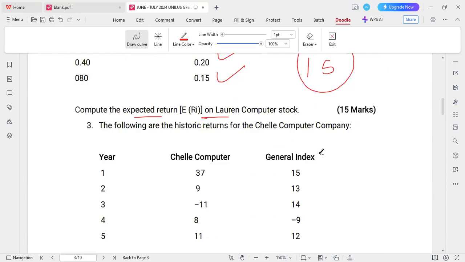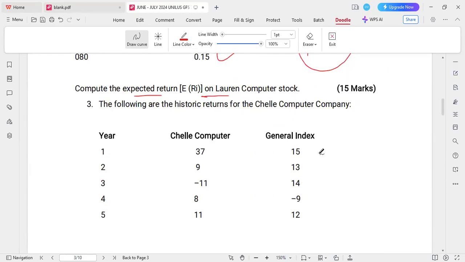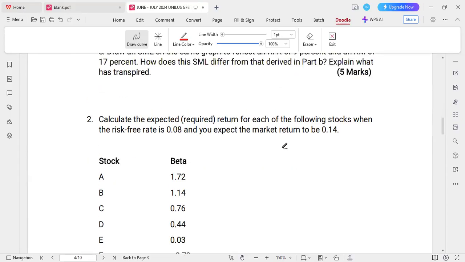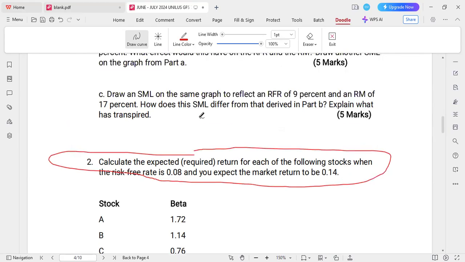Then we can get down to the other question as we are doing the random selection. We can look at question number 2. Calculate the expected or required rate of return for each of the foreign stocks, given the risk-free rate, which is also referred to as treasury bills or government bills, and the return on the market.